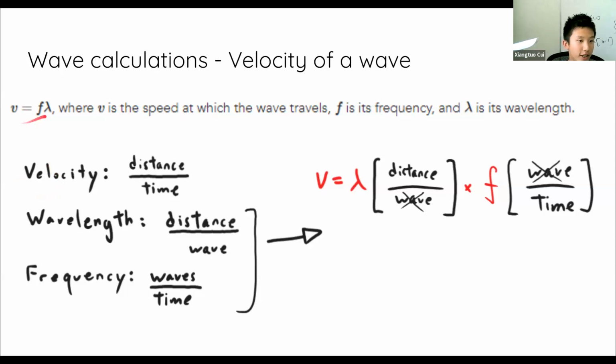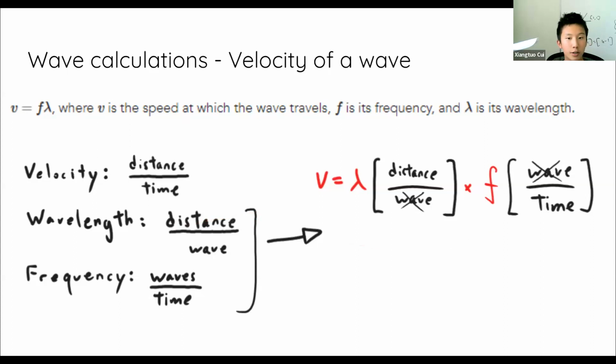And here we have a derivation of how we figured out this equation. So we all know that velocity is distance over time. Well, we know that wavelength is the amount of distance a single wave can span, right? And we know that frequency is the amount of waves that pass through per unit time.